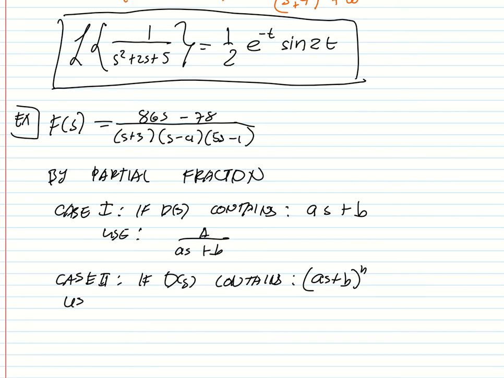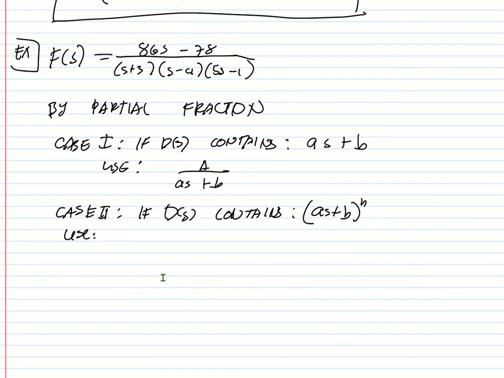Then the partial fraction will be A over the first one, as plus b, plus another constant B over as plus b, but this time squared, plus that until n. So let's make this one A1, A2, up to An, all over as plus b raised to n.